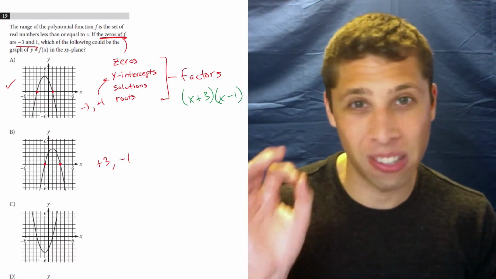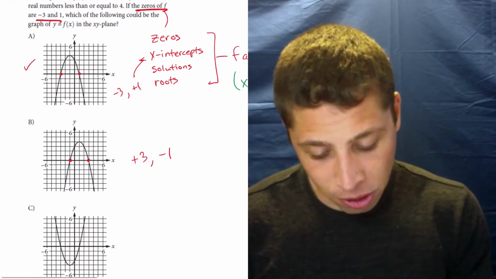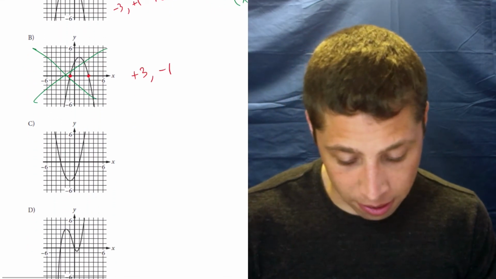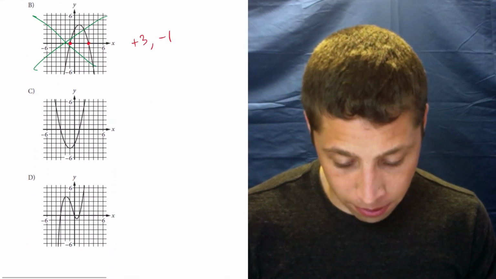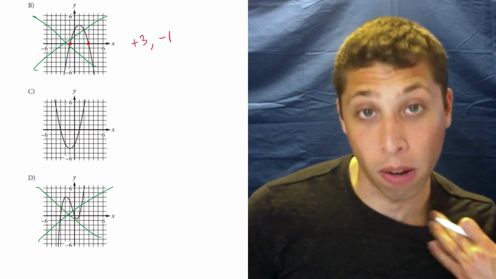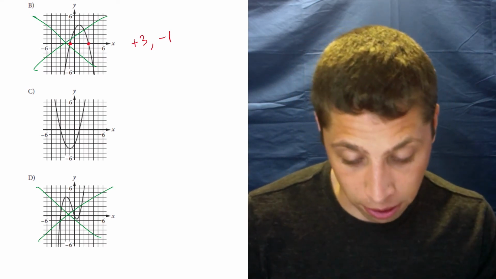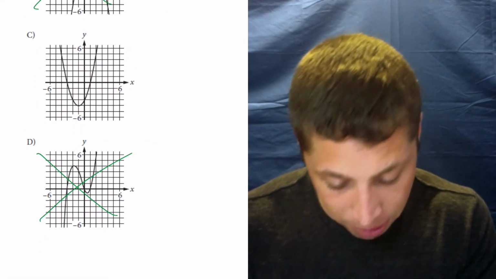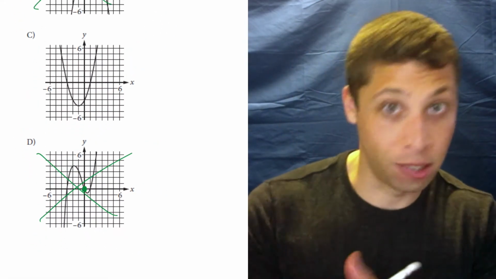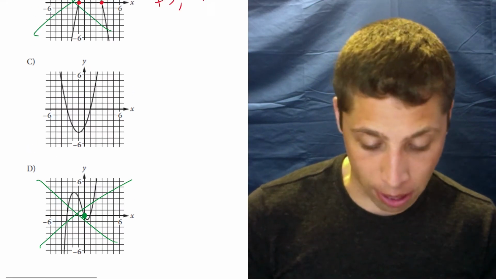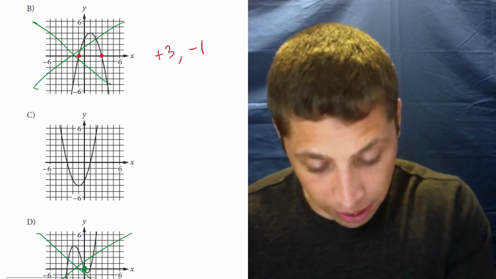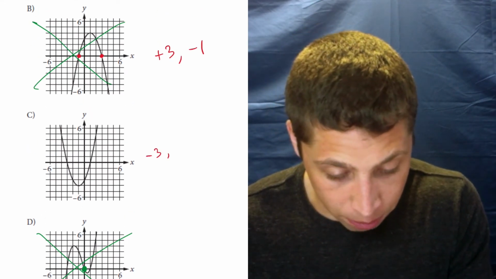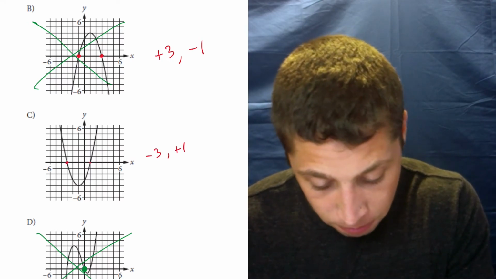We just take those numbers literally, which is my way of saying B and D, which is kind of crazy, are wrong. So D has another 0 here. It does have the -3, and it does have the 1, but it also has a 0 at 0, 0. So that's just wrong. That's not right. But here we go. We have -3 and +1. So this one also works.